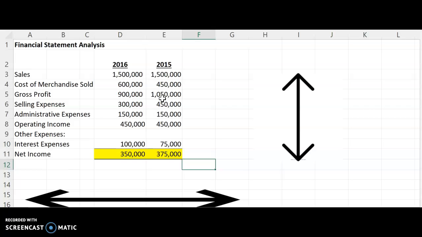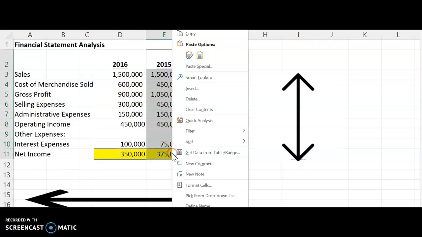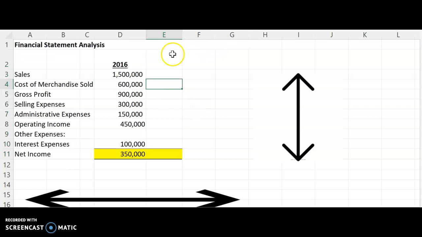And I'm actually going to do 1 year, so let me clear this. So 2016, I'm going to look at everything as a percentage of sales. Sales itself has to be 100%.